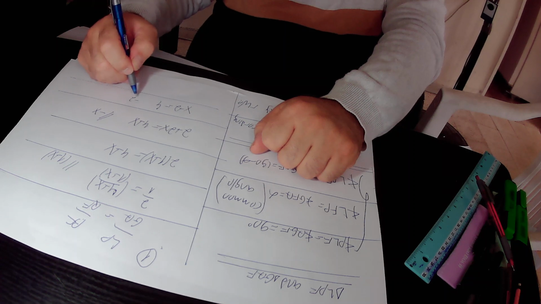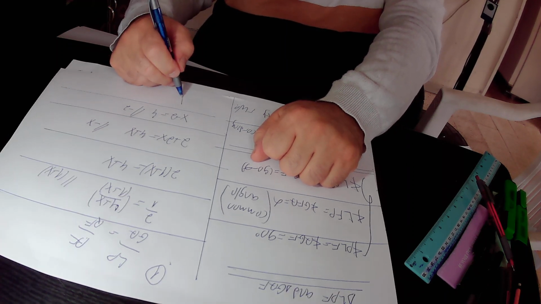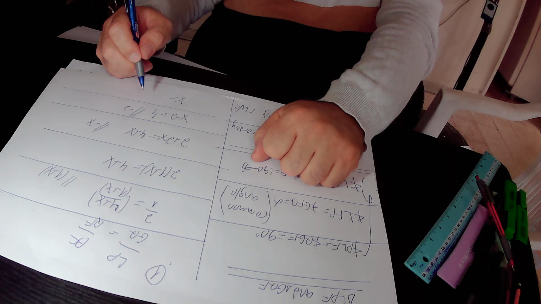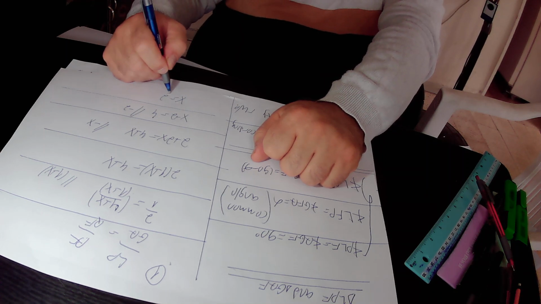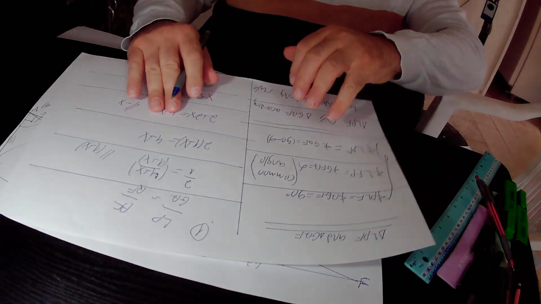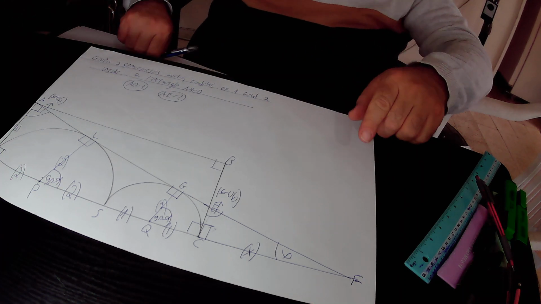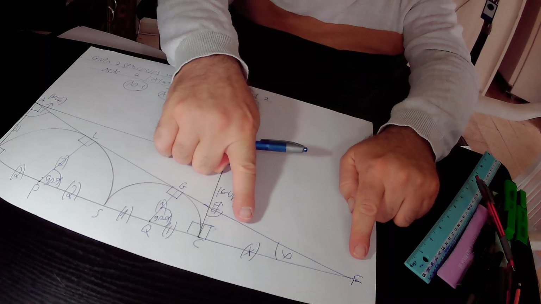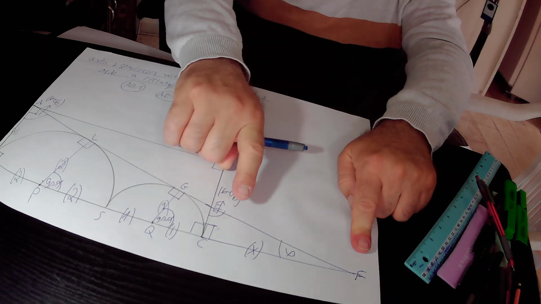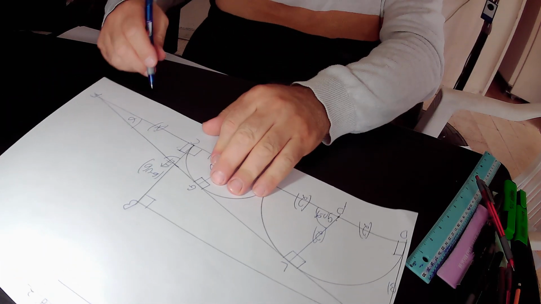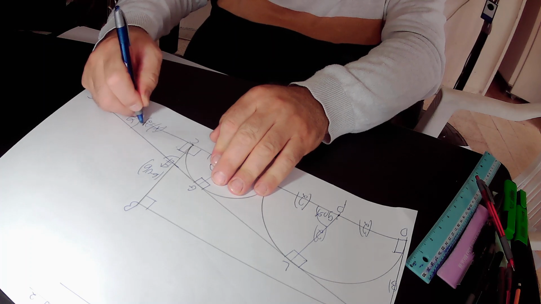Here we subtract 2, and finally we get that x equals 4 minus 2, that is 2. So the length of this line segment CF, which equals x, is 2 units. So I write it down. x equals 2 units in length.